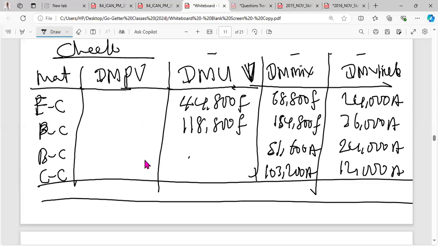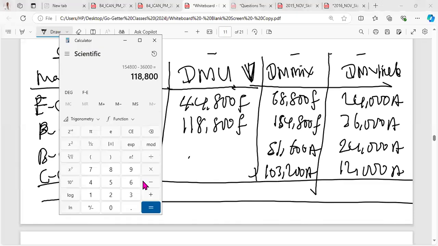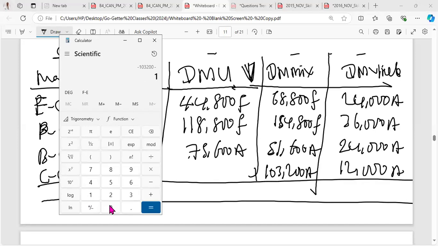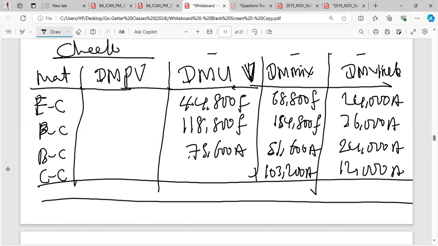If we say 51,600, which is adverse, plus 24,000 adverse, we have 75,600 adverse. If we have 103,200 adverse plus 12,000 adverse, that is 115,200 adverse.